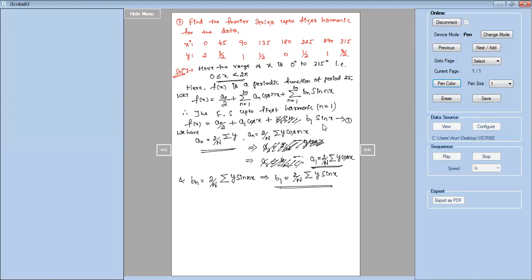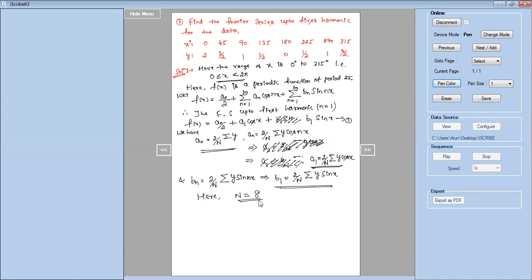Here capital N is nothing but the number of x values given. How many are given? 1, 2, 3, 4, 5, 6, 7, 8. So the value of N is 8. So we have written the Fourier series for the given number of harmonics, the formulas of a0, a1, b1 are written, and the N value is identified.